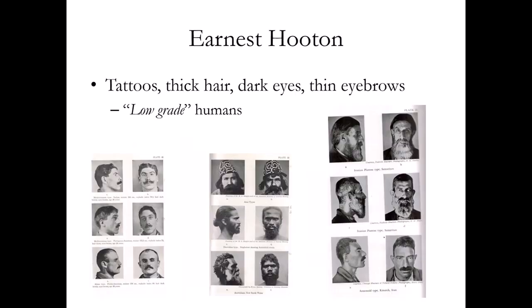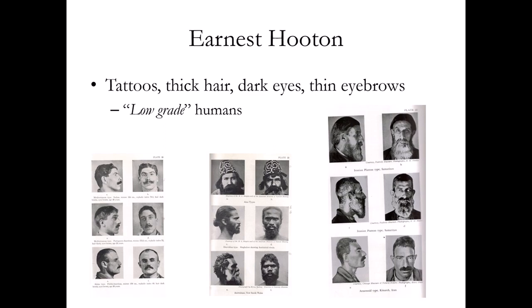We've also seen some research over time that talked about tattoos, and so Earnest Hooton came up with the idea that certain people with tattoos and dark eyes and thick hair, maybe thin eyebrows, were more likely to be criminals.